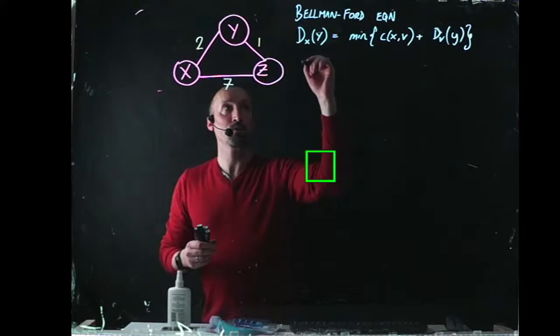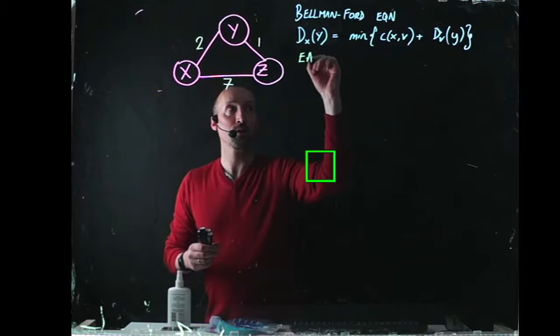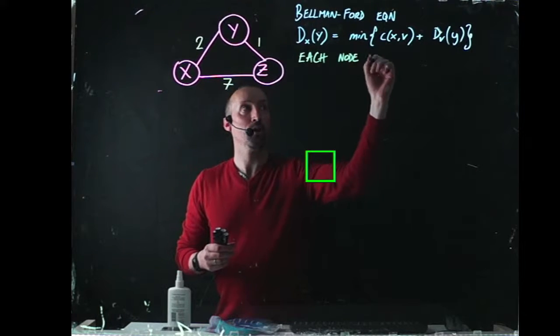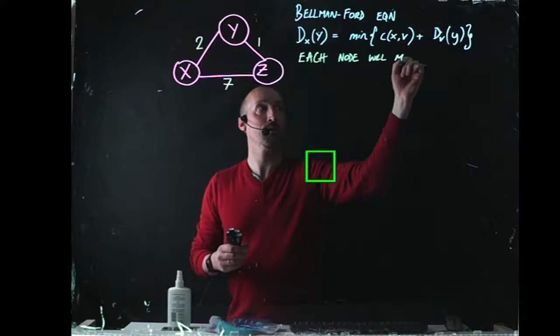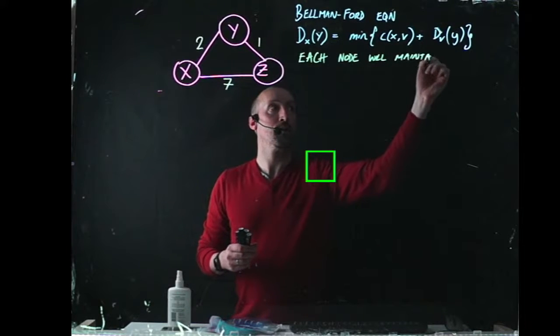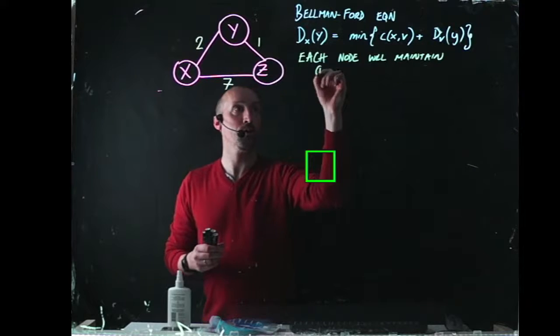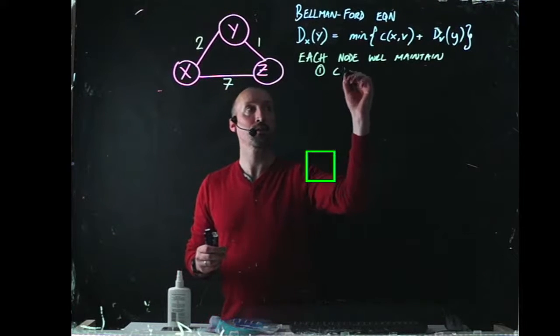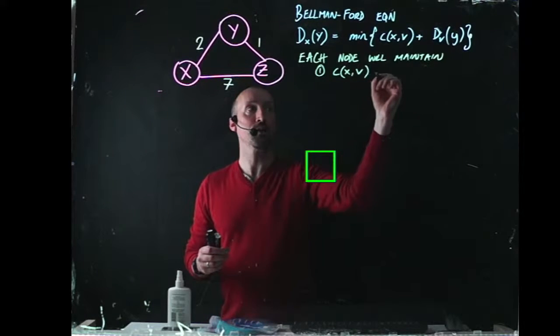each node or router will maintain two things. Number one, they'll maintain the costs to get from x to v for all v.